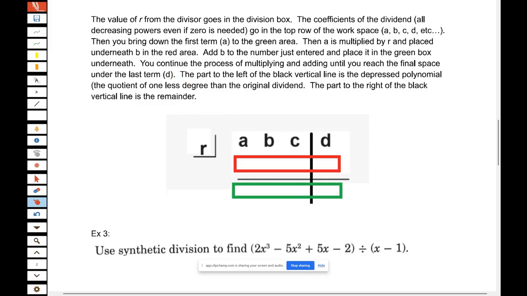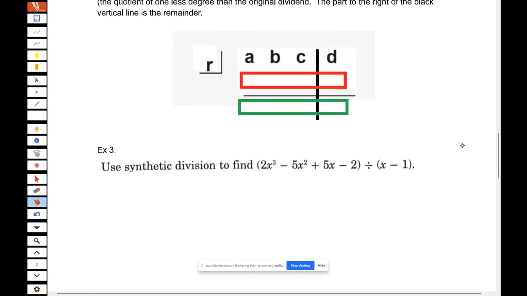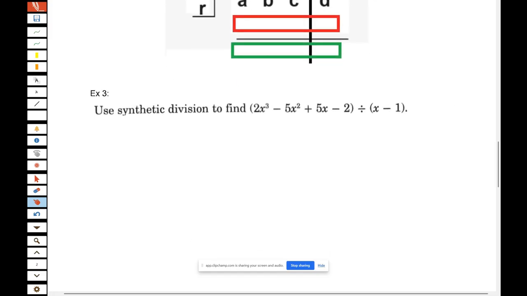But basically what you do is whatever you're dividing by, like if this is the factor, you know from doing quadratics that the root would be 1. So you put the opposite sign in the box, and then you write the coefficients of what you're dividing into up top. And then it's like a multiply and add situation. Again, you can't have any powers missing on this.